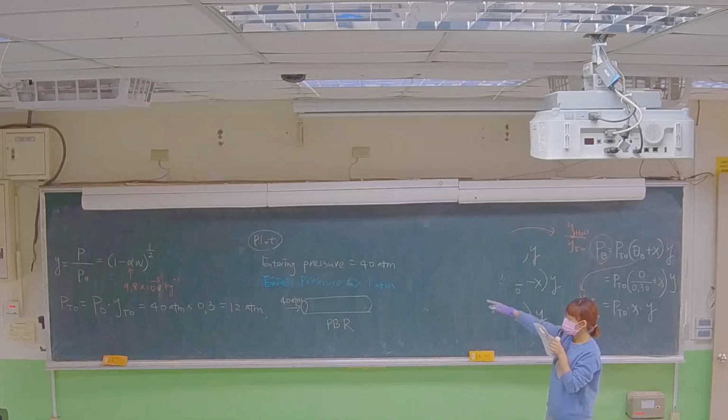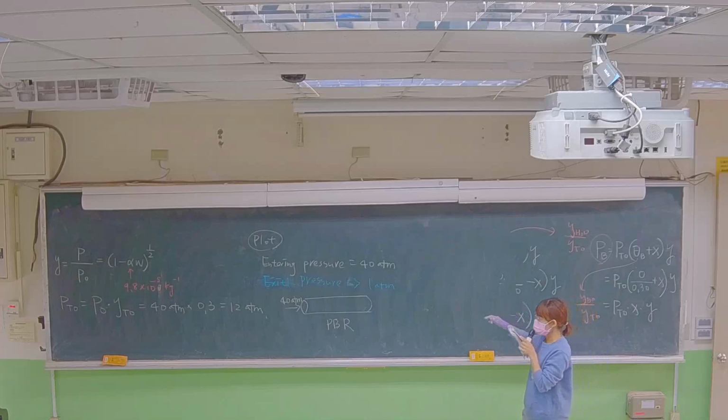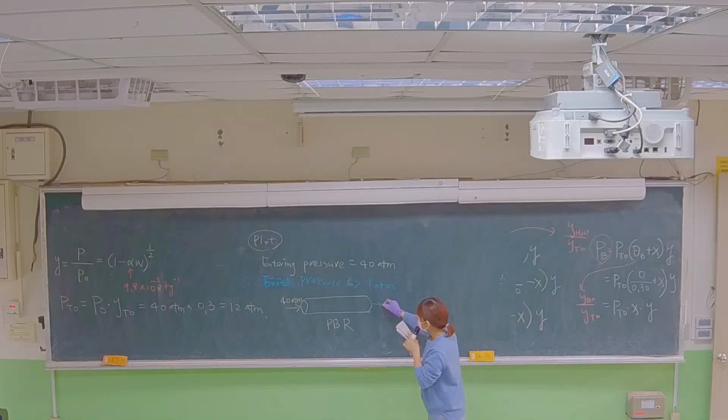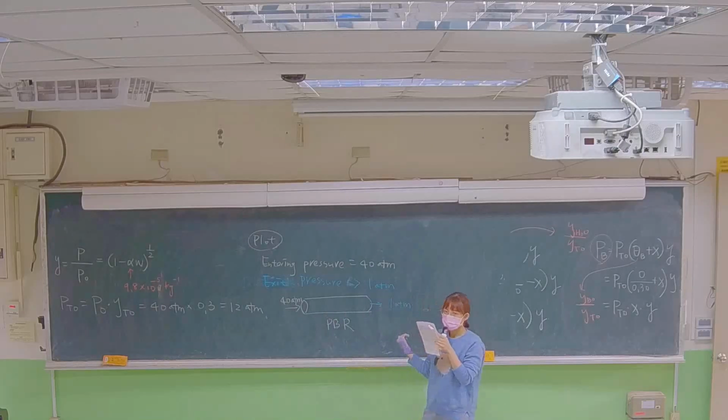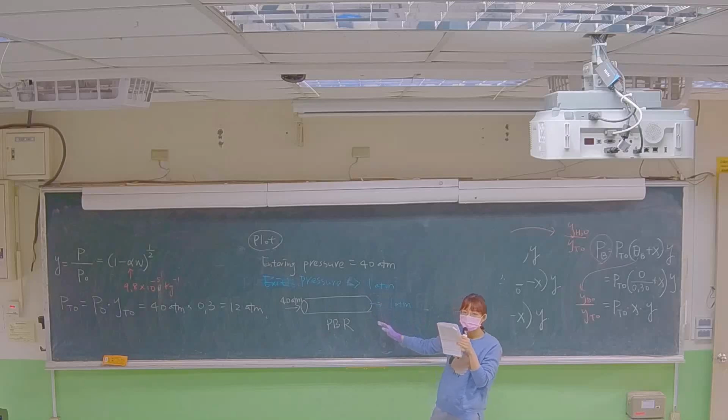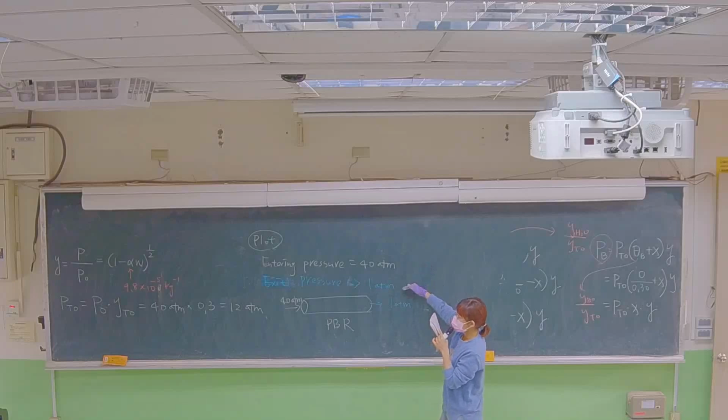If the pressure is smaller than 1 atm, the gas cannot come out. So we assume the exit pressure is 1 atm, and we know the entering pressure is 40 atm.